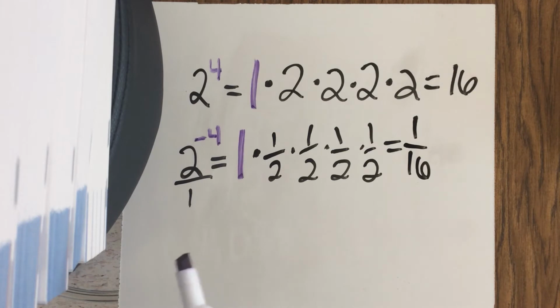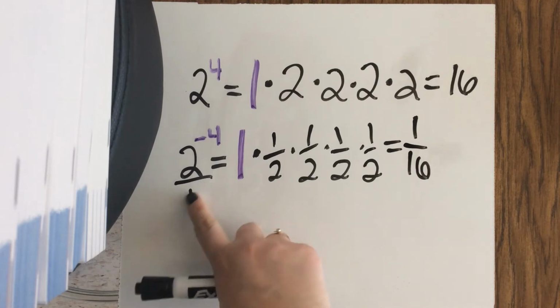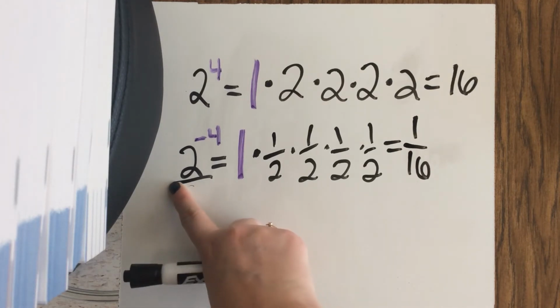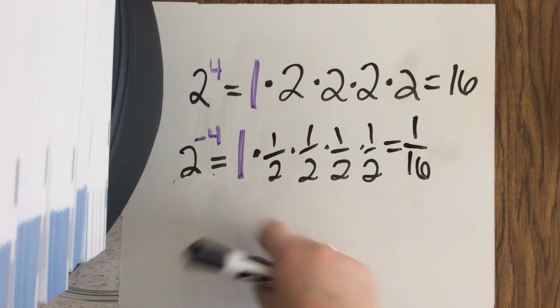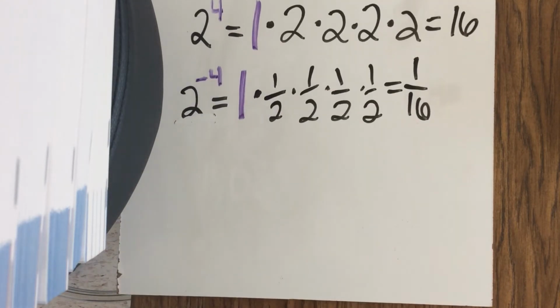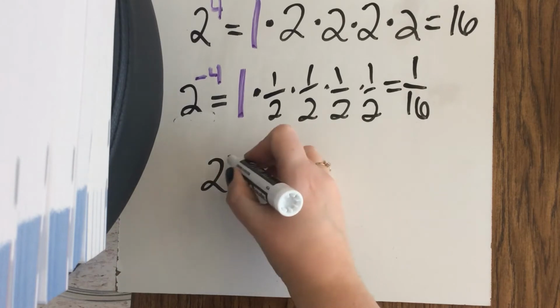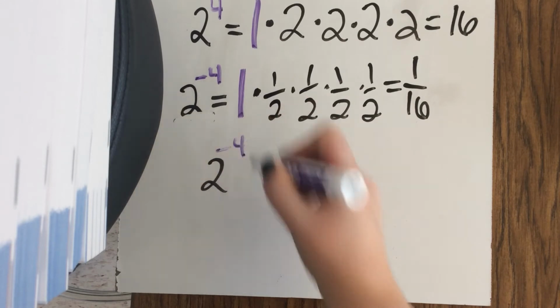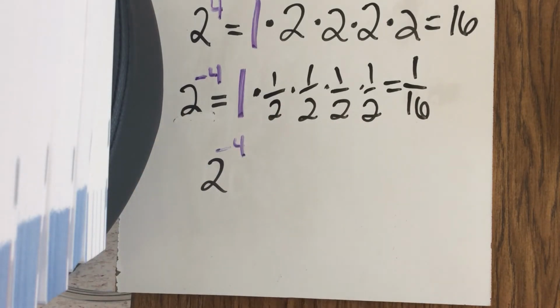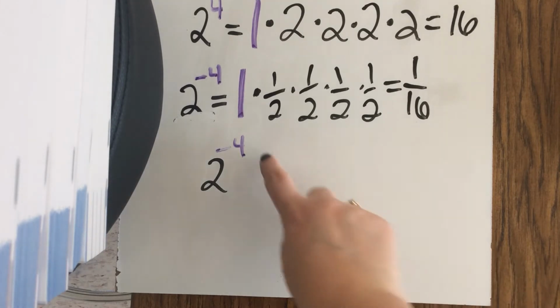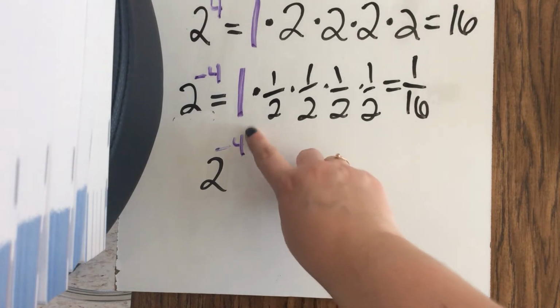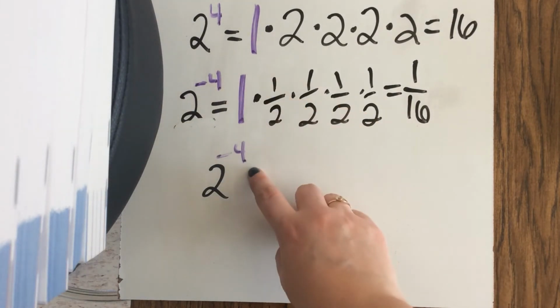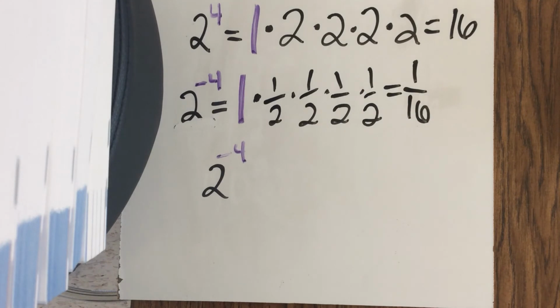Okay, and a faster, maybe easier way to do this would be when you look at something like 2 to the negative 4th. Okay, let me go ahead and erase that. So you have 2 to the negative 4th. All you're going to have to do is turn this negative exponent, again like we did up here, we turned it into a 1.